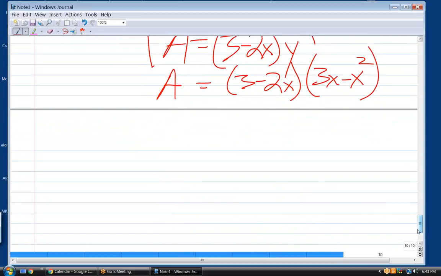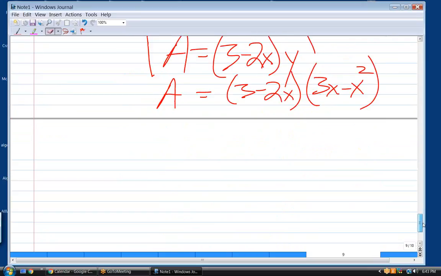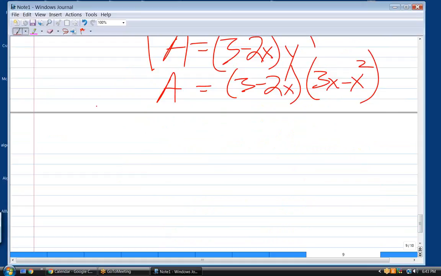Now, one thing you can tell, when I multiply these out, I'm going to have a cubic, right? The biggest degree term is going to come from multiplying that by that. And when you take the first derivative of a cubic, you get a quadratic. And a quadratic always gives you two solutions. So I'm going to get two different values of x when I solve this thing. Well, let's multiply it out first.